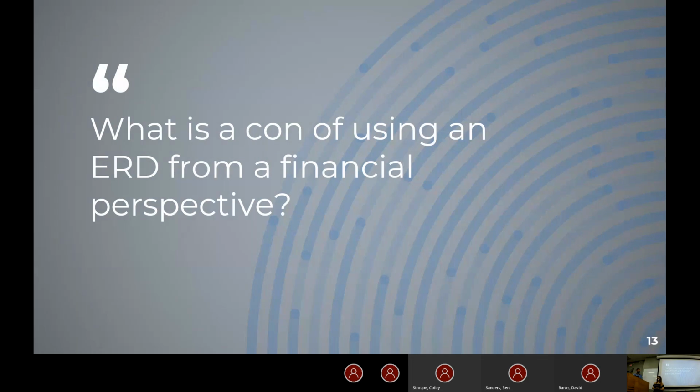What would be a con of using an ERD from a financial perspective? You would also probably, if a bank switched from paper to a database using an ERD, have to bring in somebody to show them how to use it, because they probably wouldn't know how to read the data information on the computer.